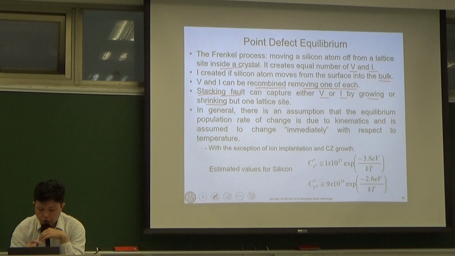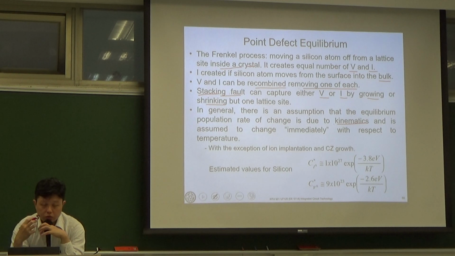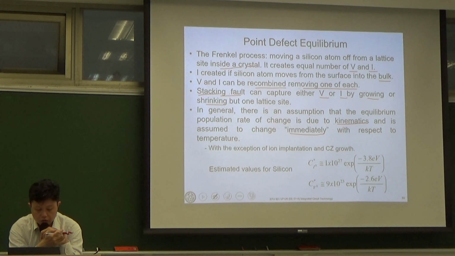And in general, this is related to kinetics, and it is assumed that those processes change immediately with respect to temperature. So that's the general information to keep in mind regarding these defects and their characteristics.